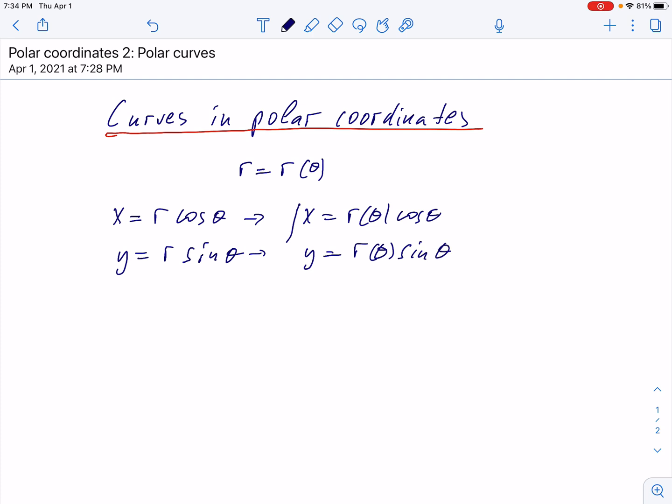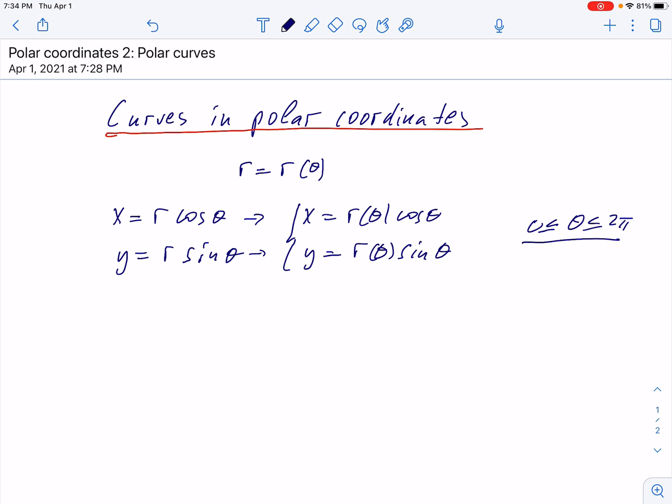And you have two parametric equations where theta is the parameter. Usually theta goes between 0 and 2 pi if nothing else is given. This is the default interval.